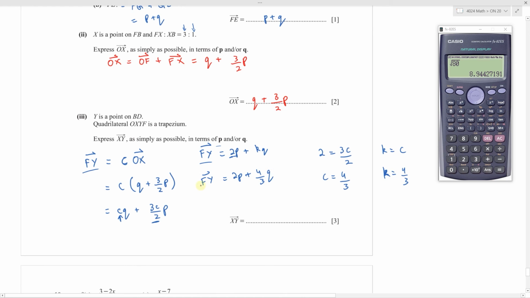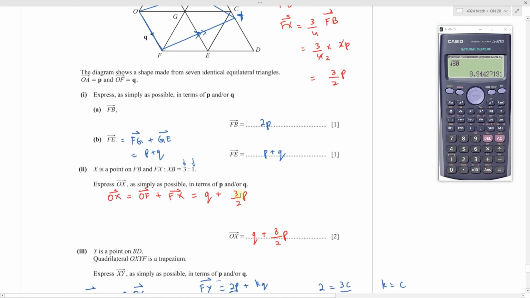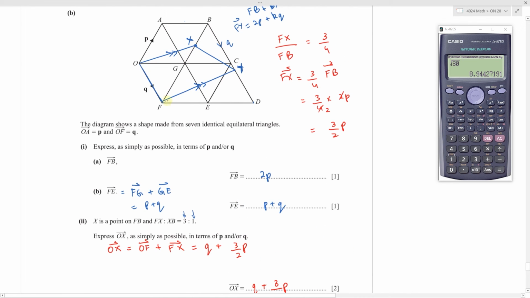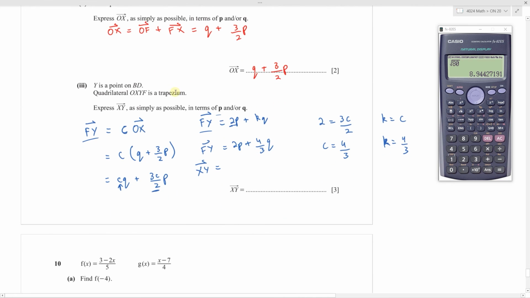So now we can calculate the vector xy. Xy will be, let's go back, XO plus OF, so XO plus OF plus Fy. So I can actually write it down here. What will be XO? XO will be the negative of this.